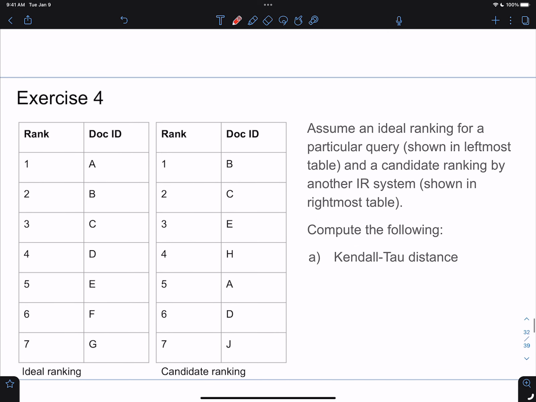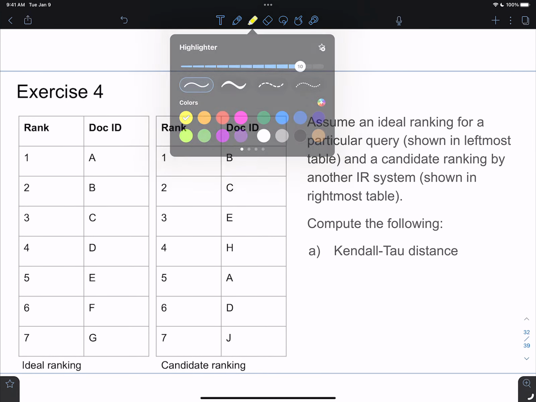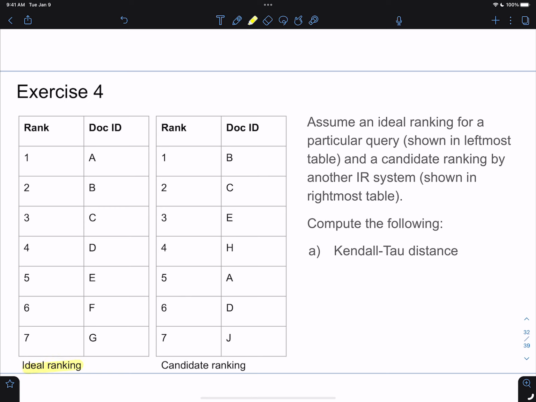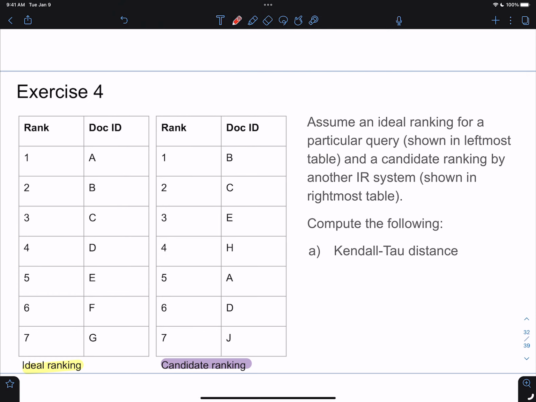Moving on. Exercise 4. All right. Assume an ideal ranking for a particular query shown in the leftmost table. So you have the ideal ranking in yellow, and then you have the candidate ranking in purple. Okay. Compute the following: the Kendall tau distance, right?